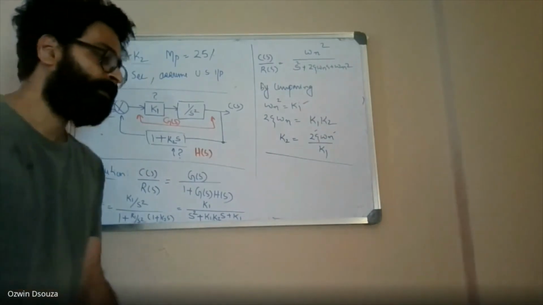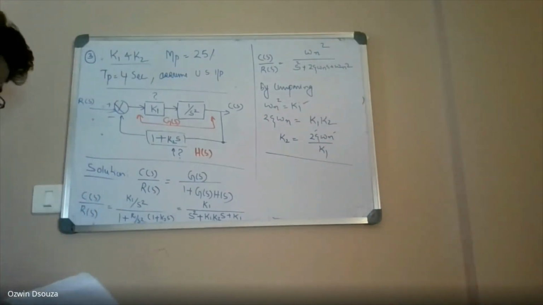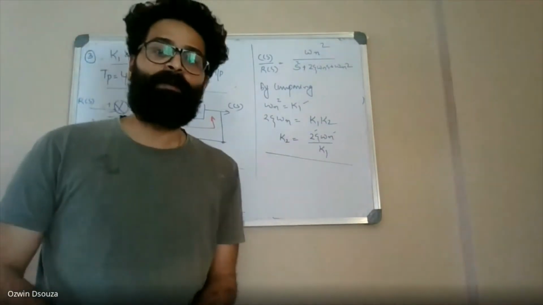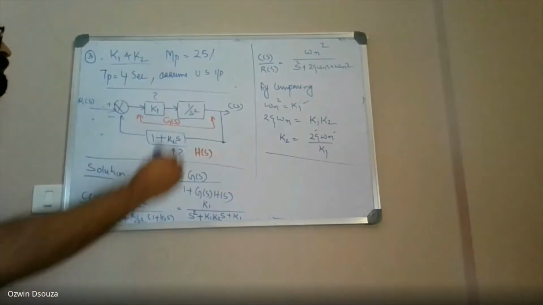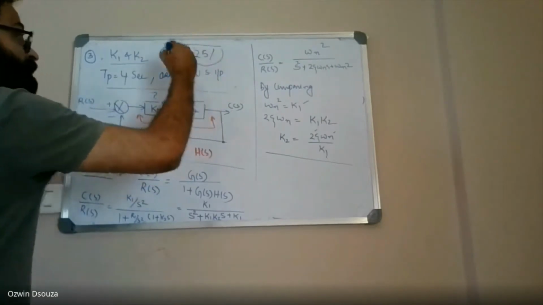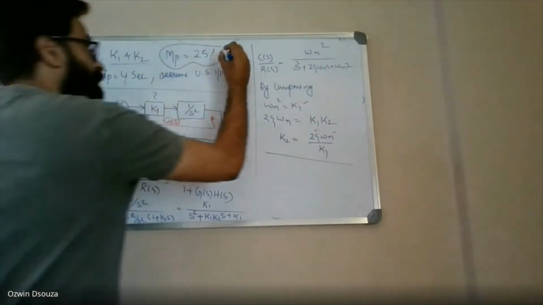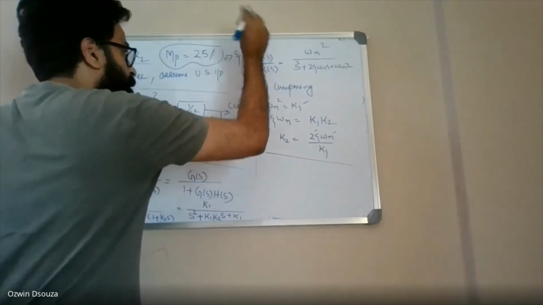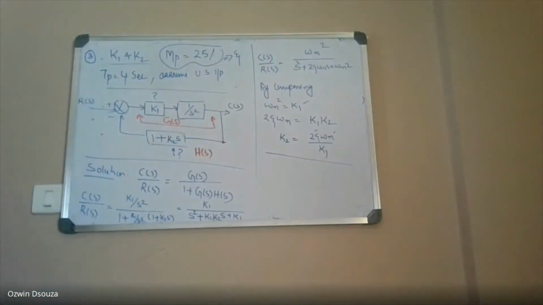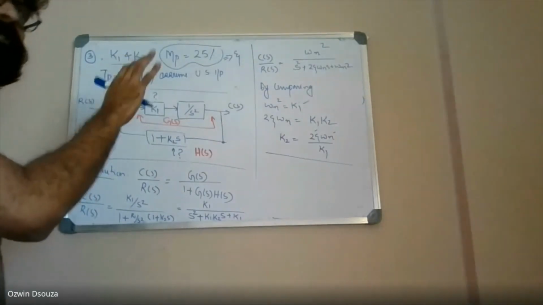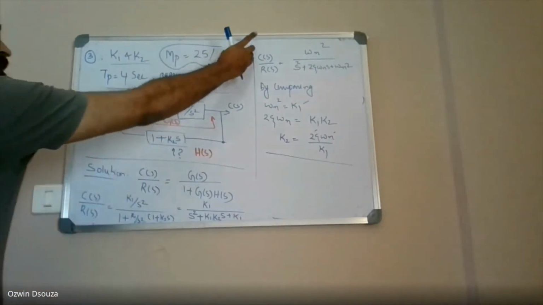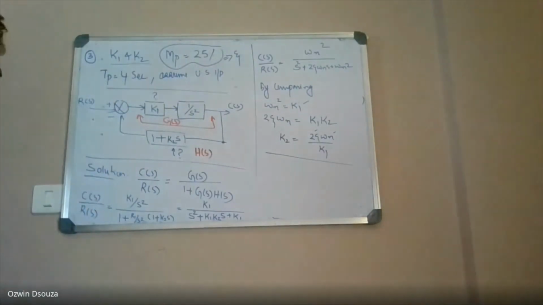If you can recall, I had already mentioned maximum overshoot. Maximum overshoot MP is a factor of zeta alone, right? So you have the maximum overshoot specification. When you solve this overshoot for zeta, you will get the value of zeta. Once zeta is known, you can find omega n.